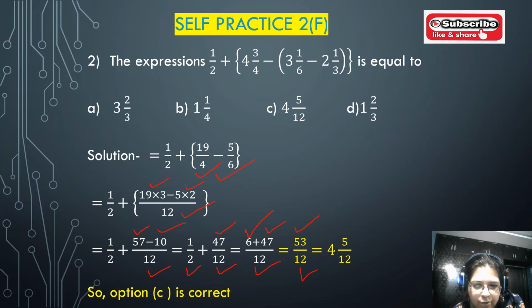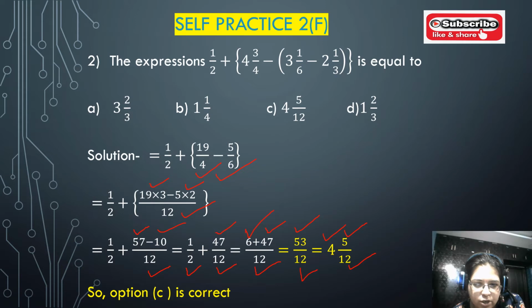This is an improper fraction. Convert this improper fraction into mixed fraction. Just divide the dividend 53 by the divisor 12. We know 12 multiplied with 4 is 48, and 48 plus 5 is 53. And 4 is the quotient, 5 is the remainder, and 12 is the divisor.